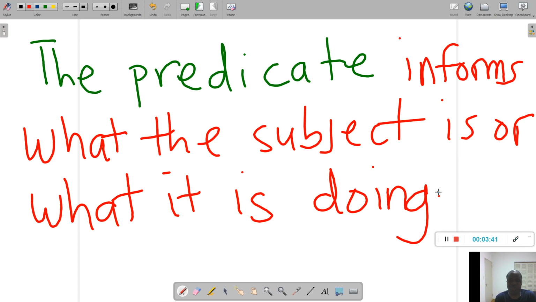For example, in the sentence, the cat runs to the mountain, the action we are looking at is run. Run and the rest of the words after it all become the predicate.